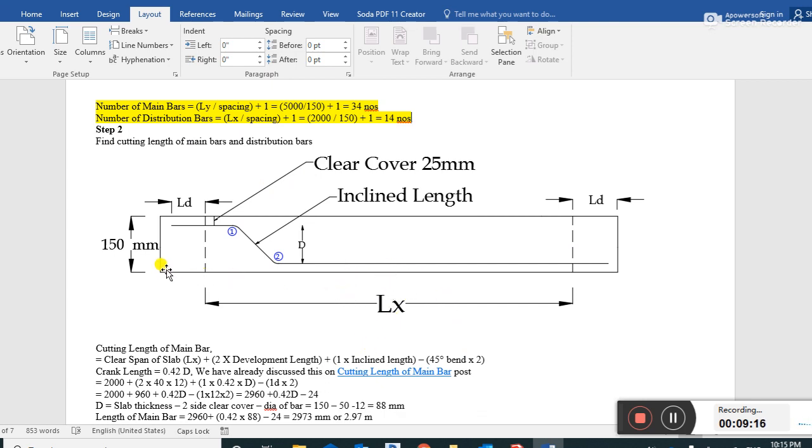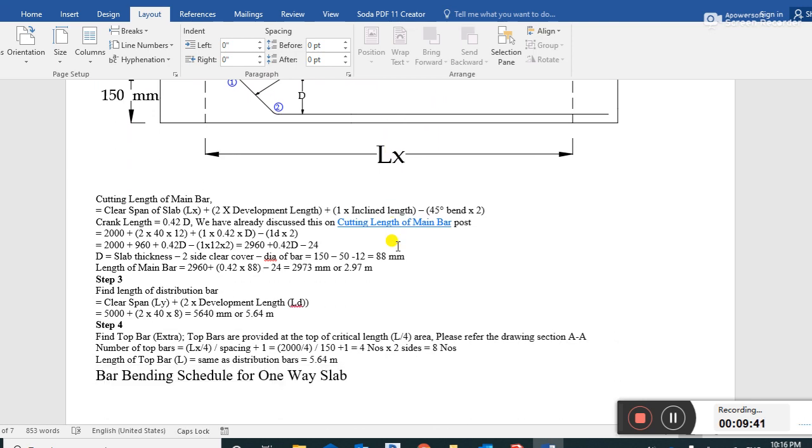We consider a section here. This is the slab, the thickness 150, this is the clear cover 25 millimeter. The inclined length, and this is LD, the development length, guys.